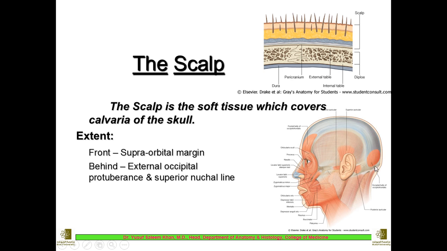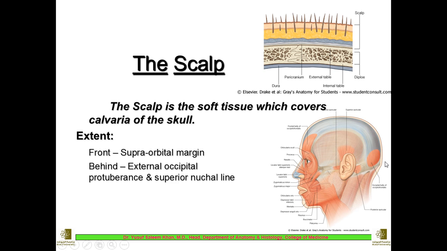They are superior and inferior as well as the highest, but this will extend up to the superior nuchal line. So here in the center will be the external occipital protuberance, which is the most prominent part behind in the occiput, and beside that there are lines called the superior nuchal lines on either side.